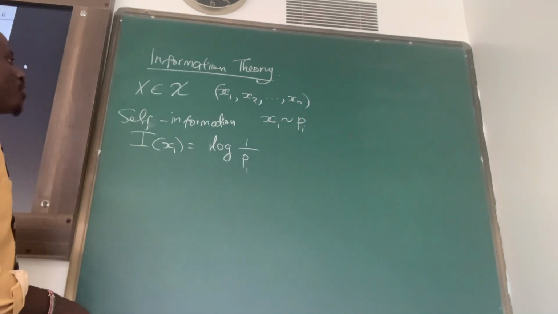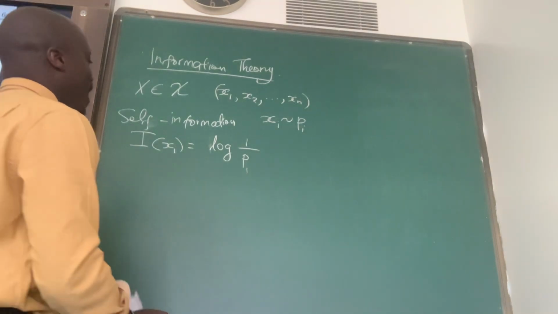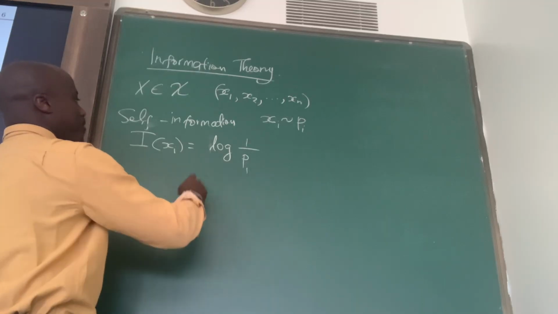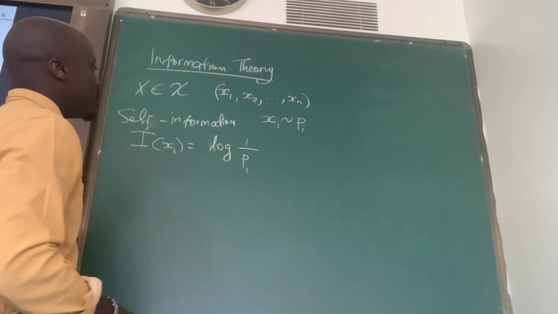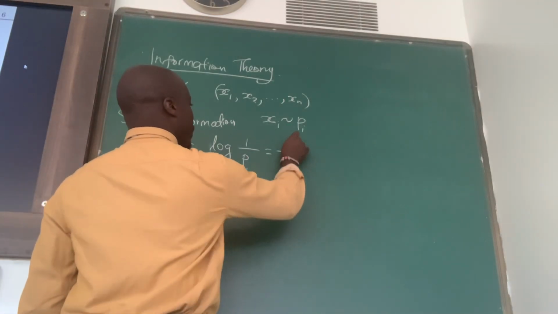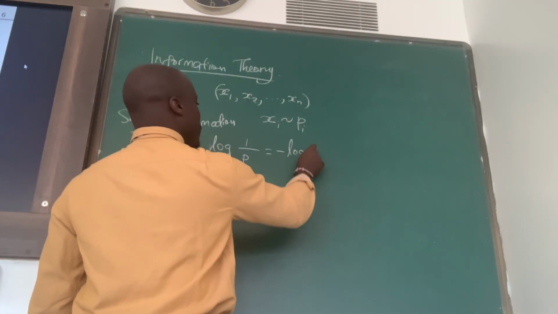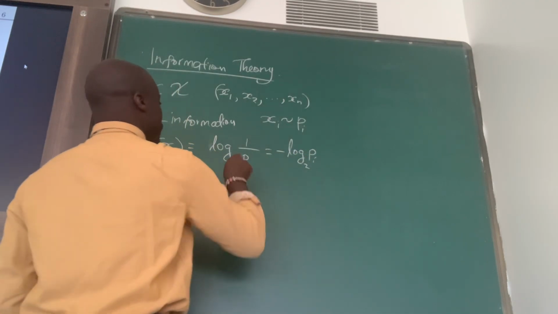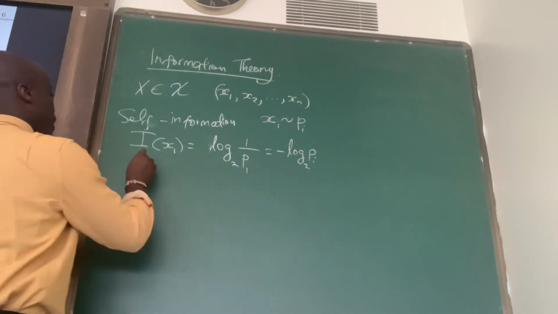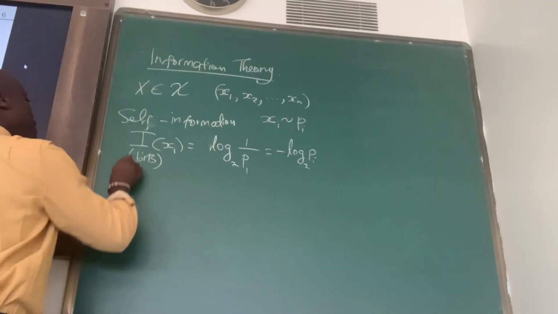So the distribution of x is pi. The self-information of x is log of 1 over pi, which you can also write as negative log pi. With log to base 2, it gives you the information in bits. So the unit here is bits.